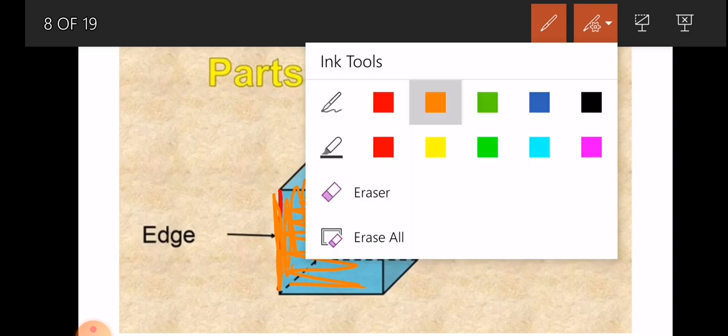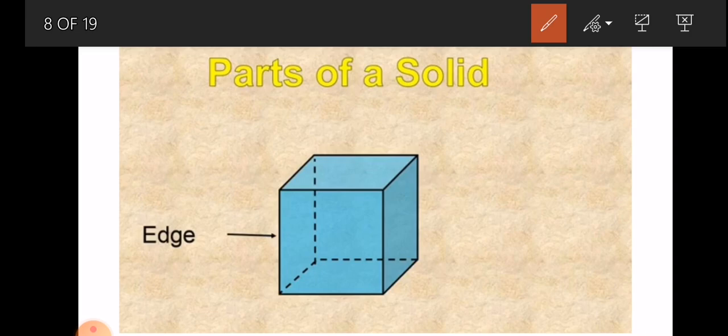Okay, how many edges are there in this cube? Let's count them. 1, 2. Any line you have, it's an edge. Okay, let's complete: 3, 4, 5, 6, 7, 8, 9.